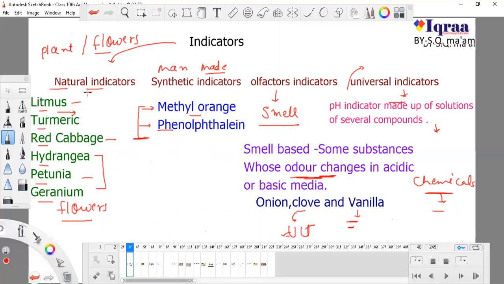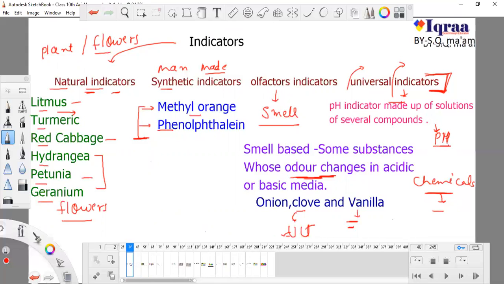So these four types of indicators are very important, and we have to remember them. Generally you could be asked questions about what types of indicators are present in nature, what are man-made indicators, what are olfactory indicators, and what are universal indicators. They can not only identify acid and base, but they can also indicate the exact pH.